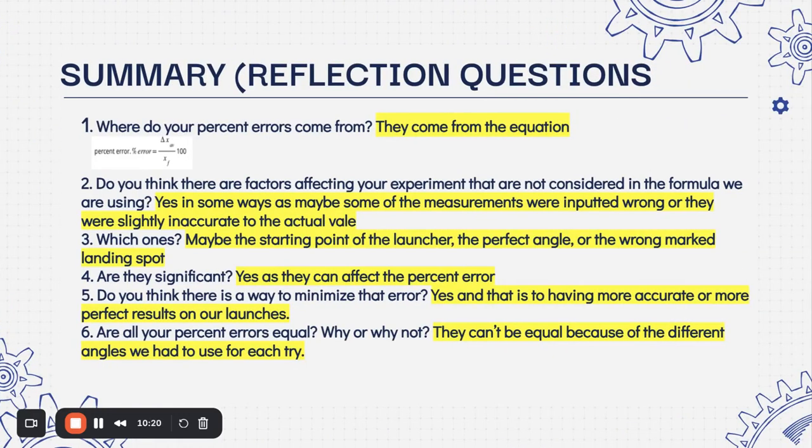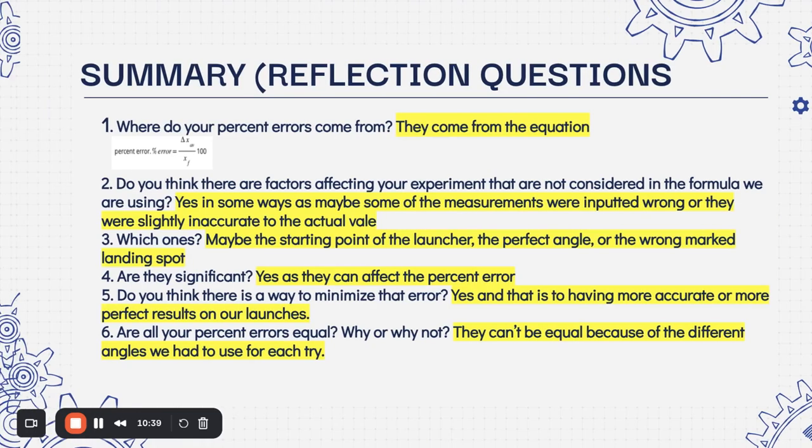For our reflection questions, the first one: where do your percent errors come from? They come from the percent error equation, which was the experimental difference over our final x, times 100.